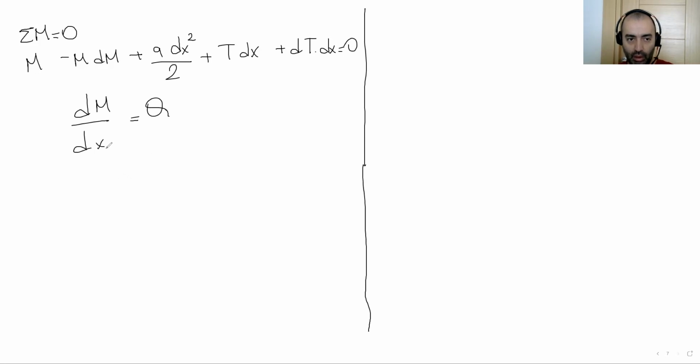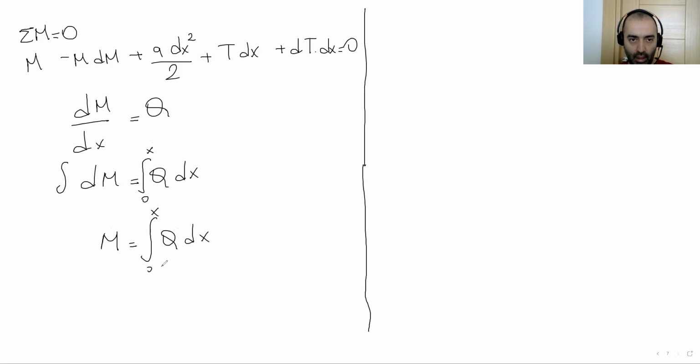So here, if I change the locations, T dx, let's take the integral of both sides. We will see M is the integral of T dx. Oh, by the way, I made a mistake here.